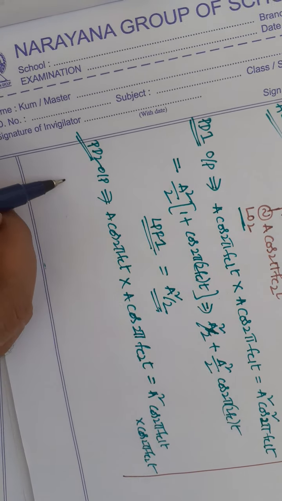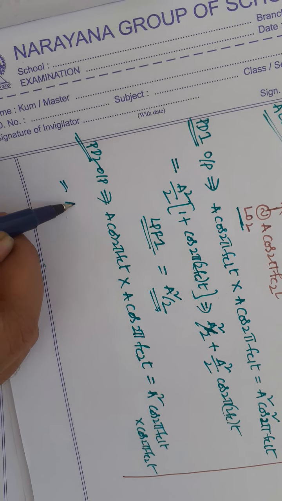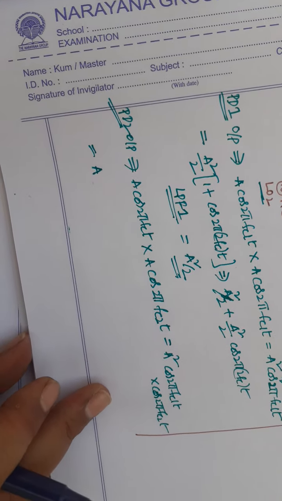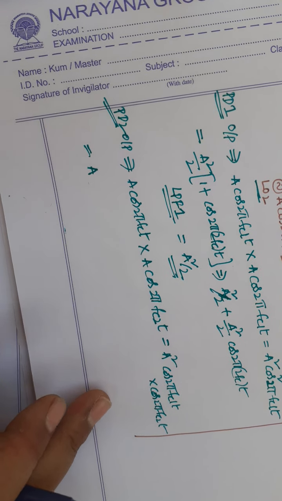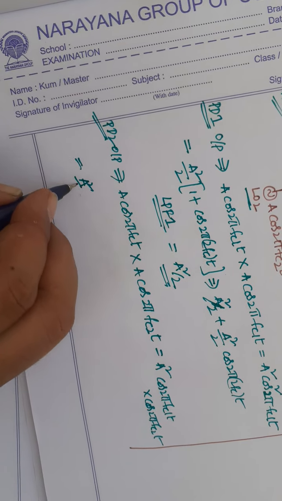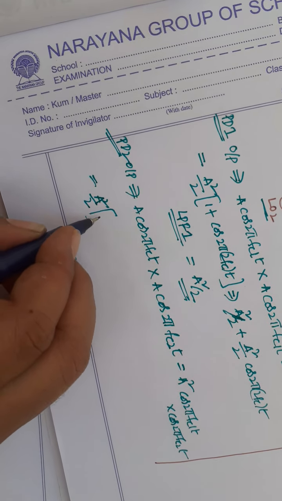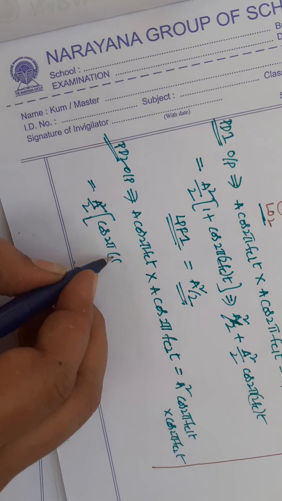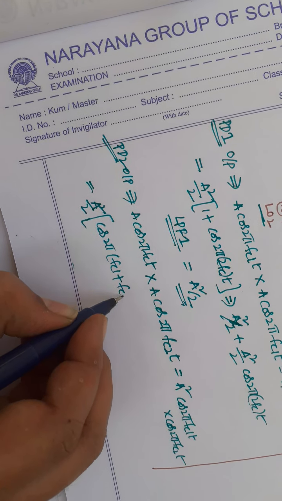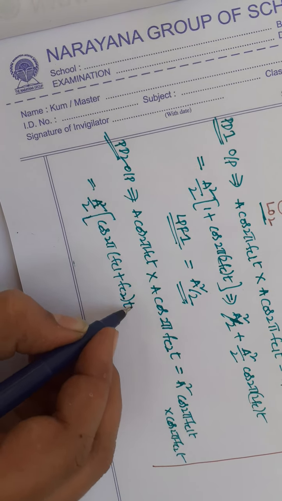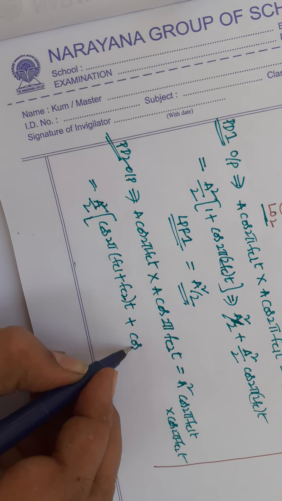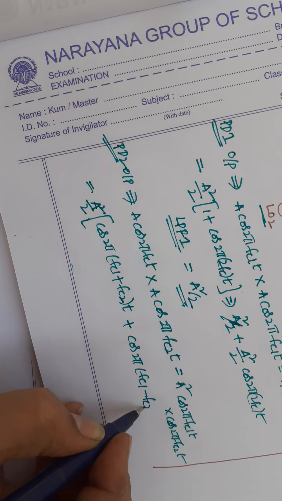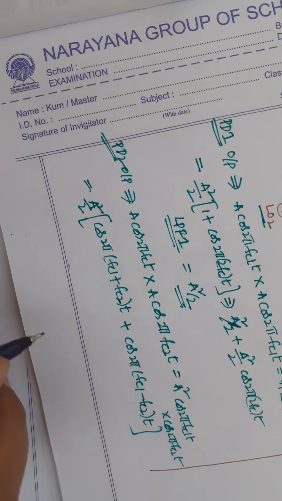Now the multiplication: cos A cos B is equal to cos(A plus B) plus cos(A minus B) by 2. So I am writing A square by 2 into cos 2 pi (Fc1 plus Fc2)t plus cos 2 pi (Fc1 minus Fc2)t, right?